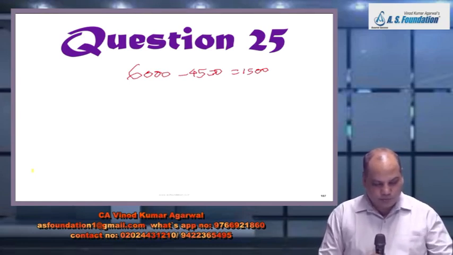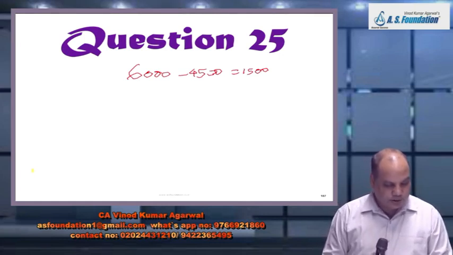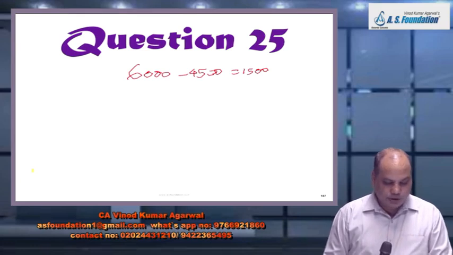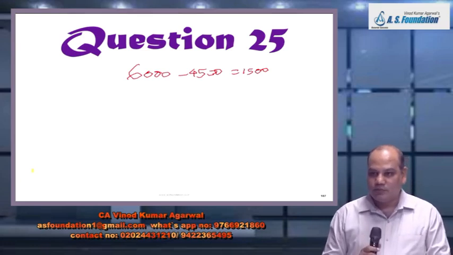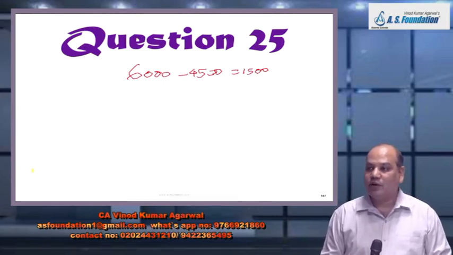Now, dear student, they have not mentioned how to value NCI. Is it mentioned? So there are two possible answers. If you use fair value, you will have one answer. If you use the proportionate share in net asset, you will have another answer.